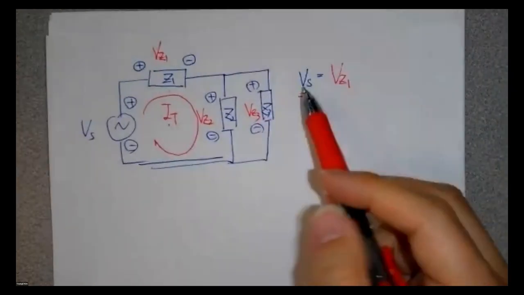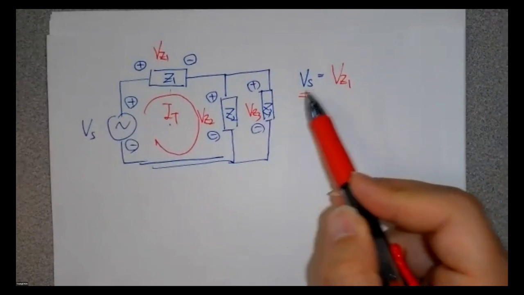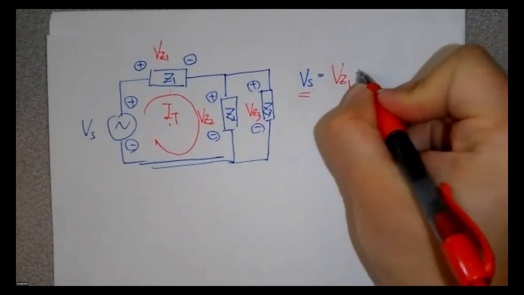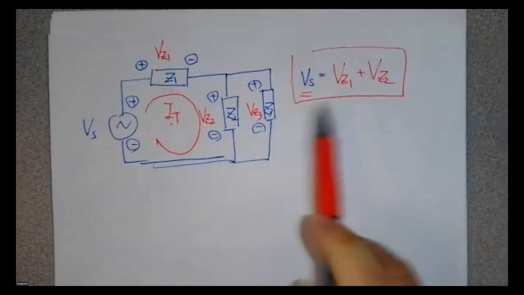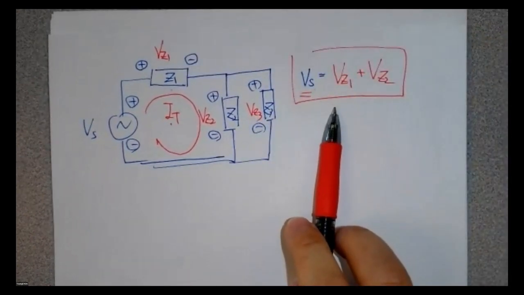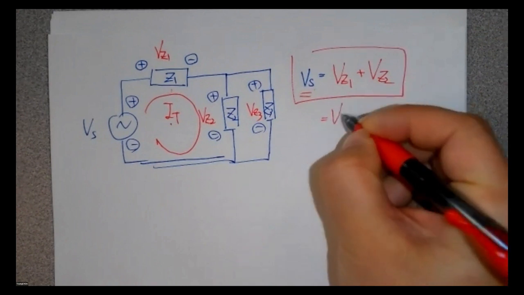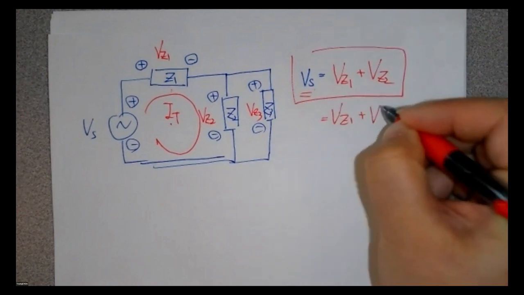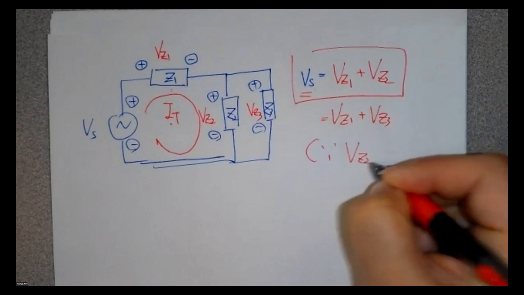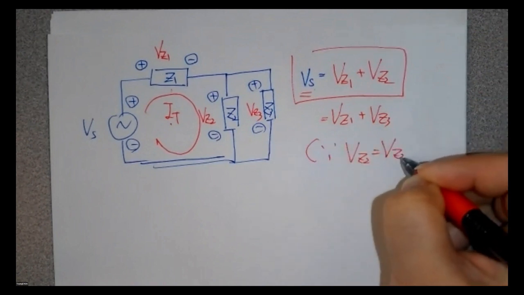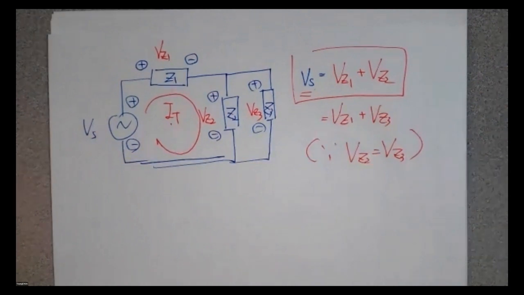So the V sub S is equal to V sub G sub 1 plus V sub G sub 2. Do you agree with me? So that means V sub G sub 1 plus V sub G sub 3, because V sub G sub 2 is equal to V sub G sub 3. All right.